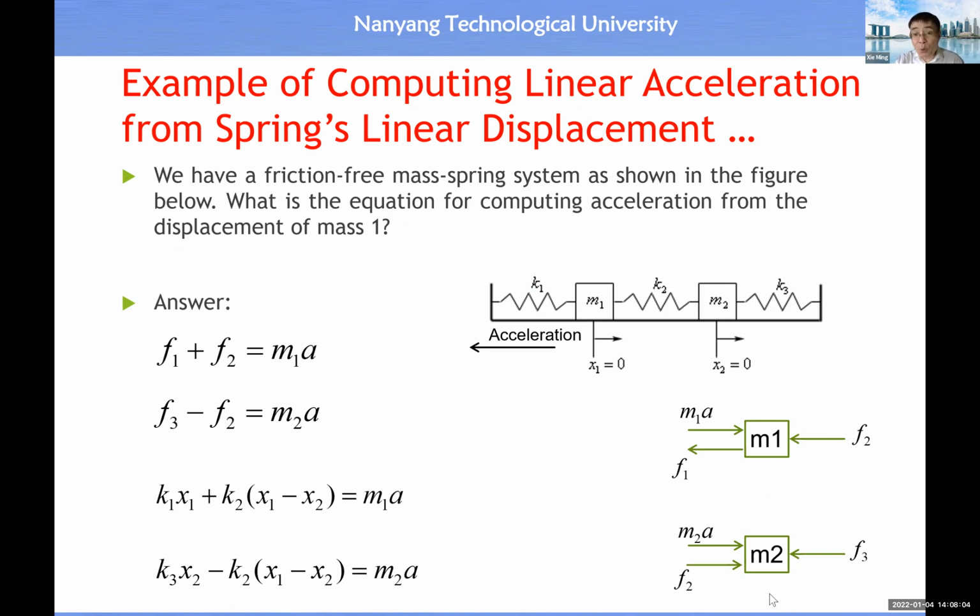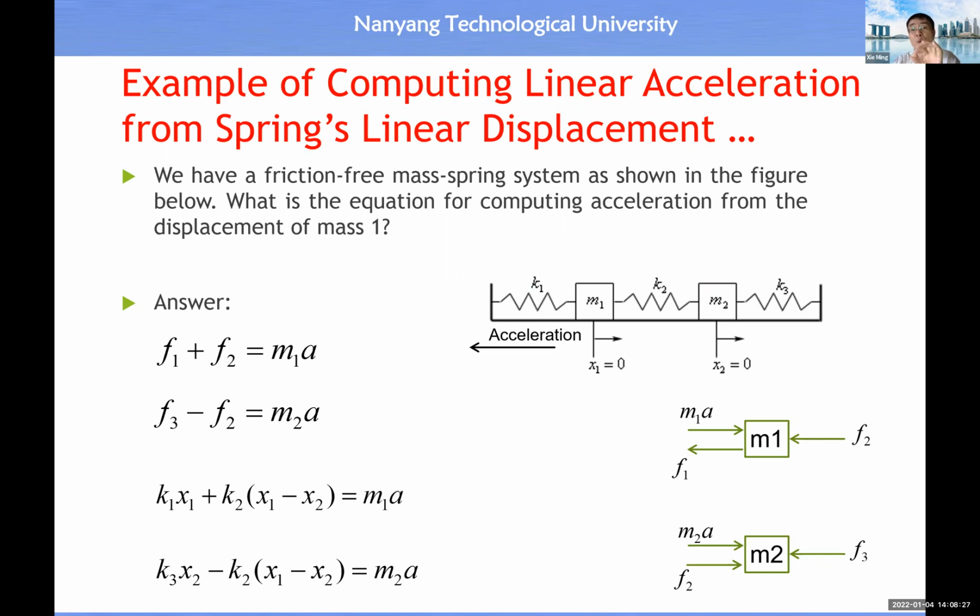And also M2 will receive inertial force, because they accelerate together, all right? So then spring K3 will produce F3, which will oppose the motion, okay, by M2. But however, you see, M1 will compress spring K2.